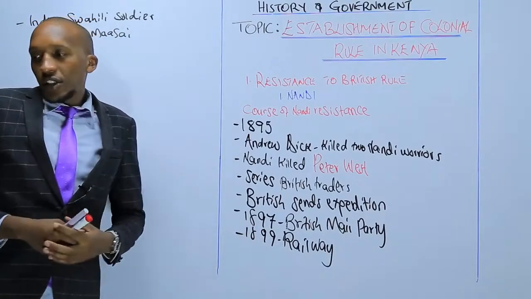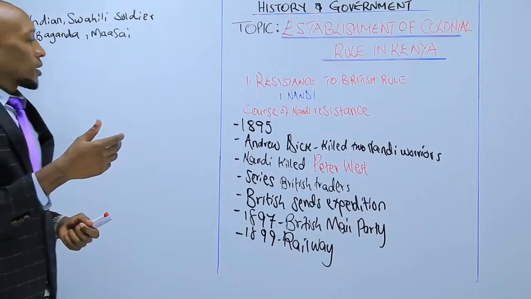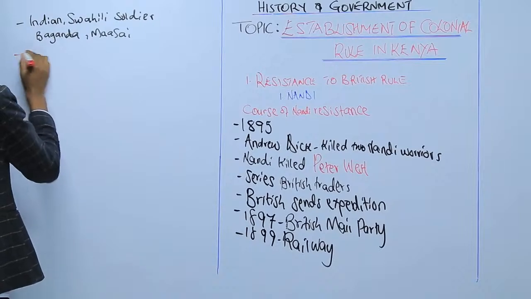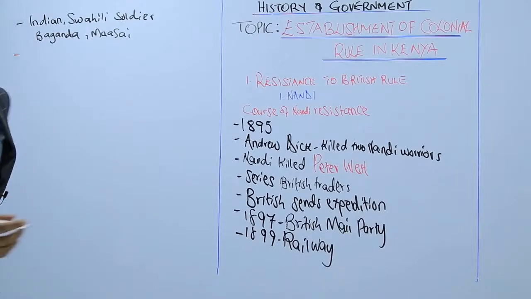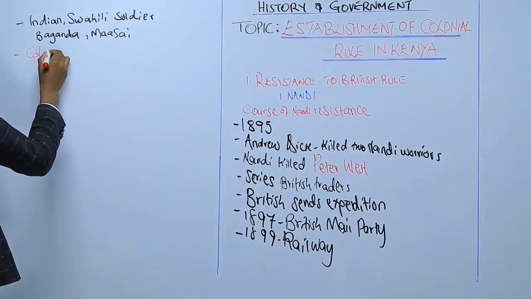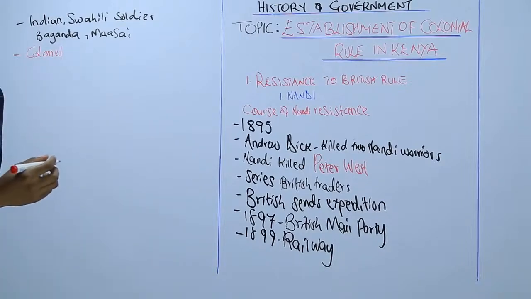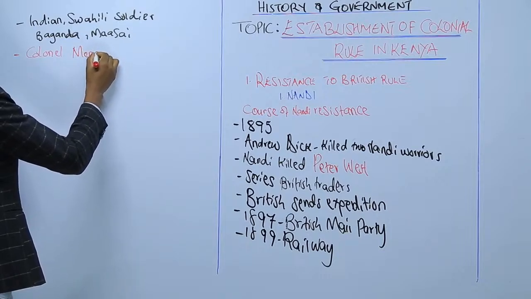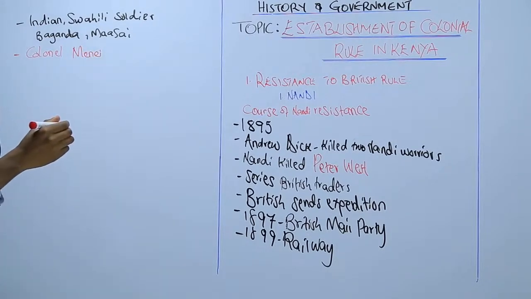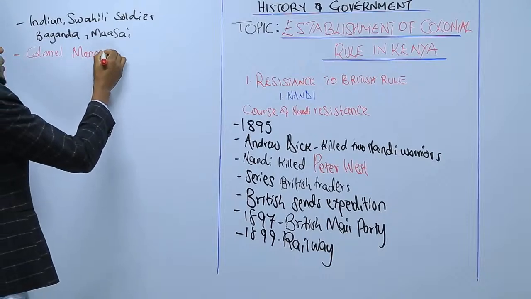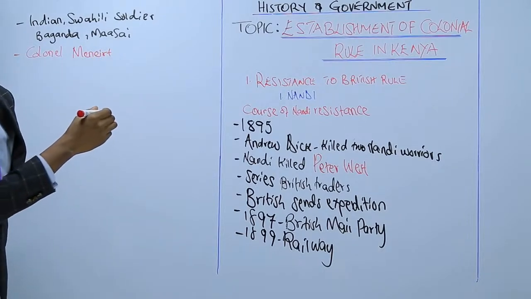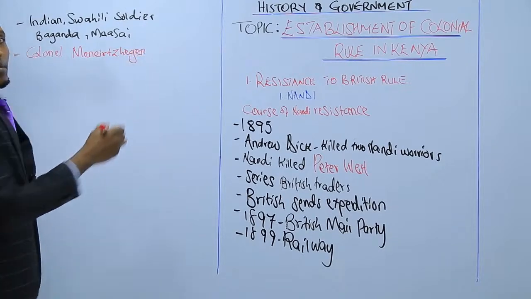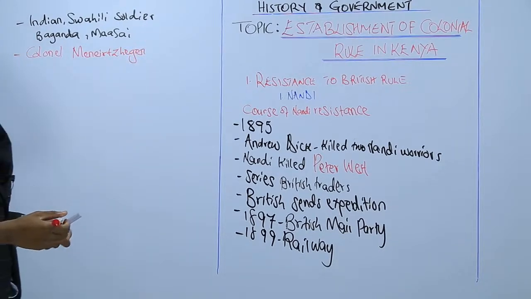So they became frustrated. But the British government at that time sent a colonel, an army commander known as Colonel Meinertzhagen. Colonel Meinertzhagen again, right?